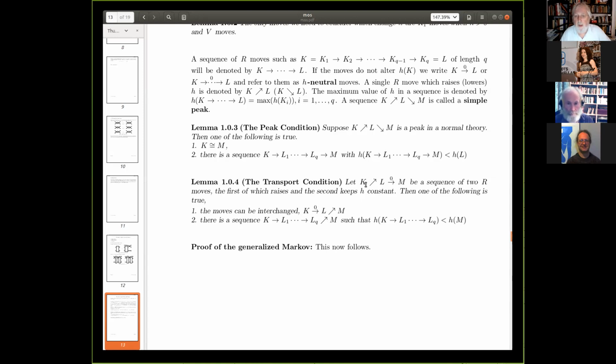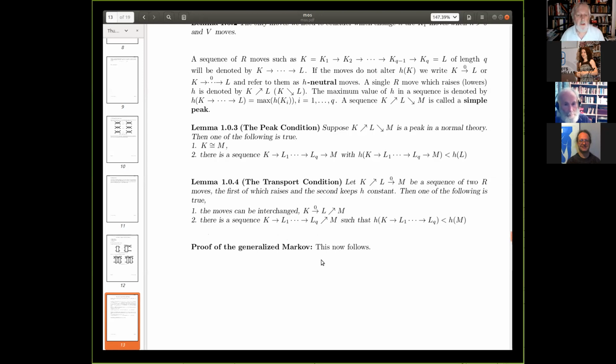I'm replacing an up arrow and a level arrow with a level arrow and an up arrow. Or there is a sequence from K to M, and it goes on that, so there's a sequence to L_Q, which then goes up to M, and the maximum value of H in that sequence there is less than H of M.